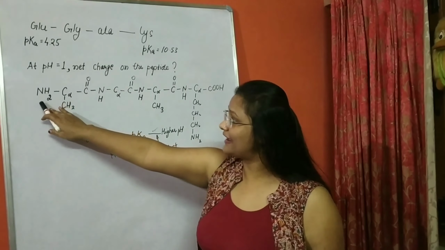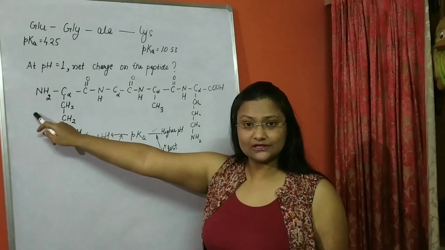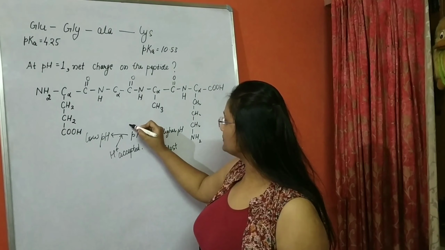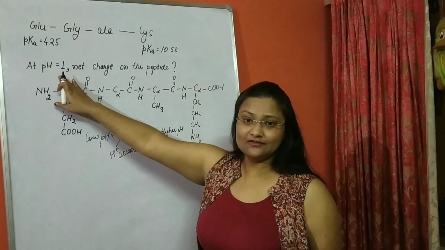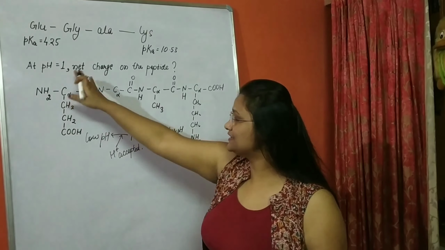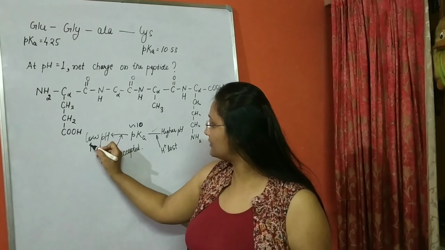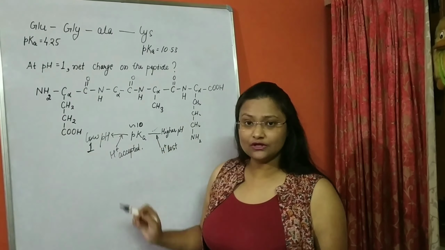Now let us consider our case. First of all, we will find out for NH2. We know that the pKa of this group is around 10, almost 10 or 10 point something. And at what pH is the peptide kept? It is at pH 1, which is lower than the pKa.